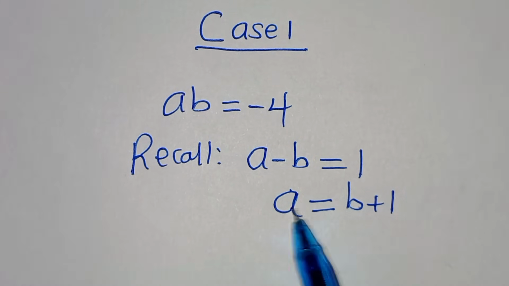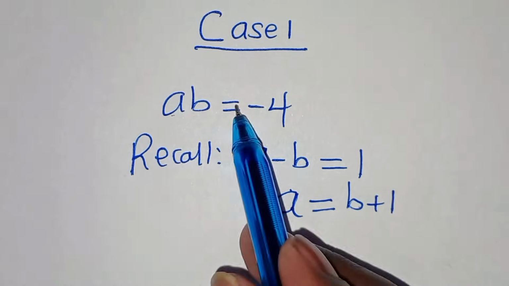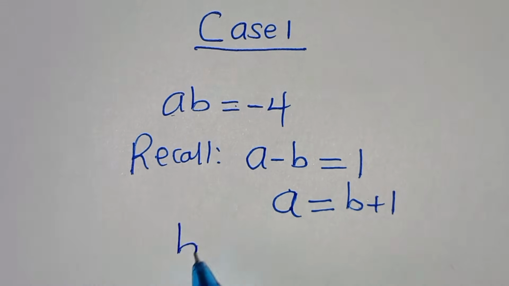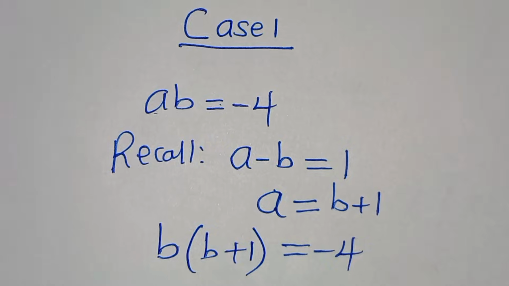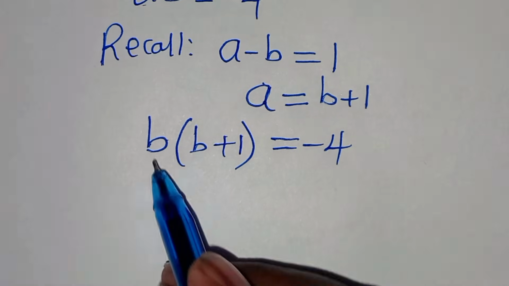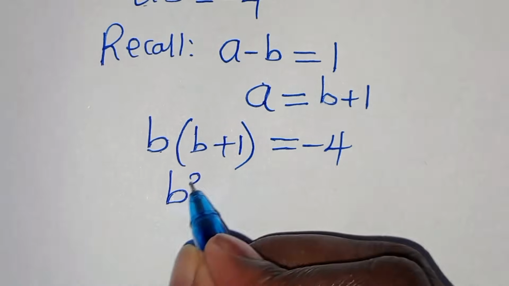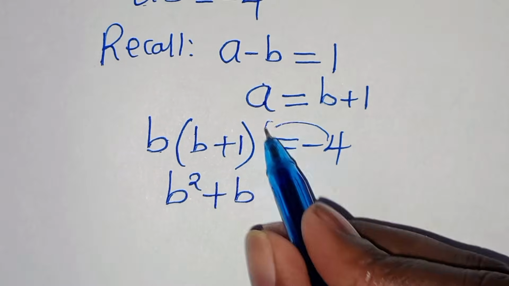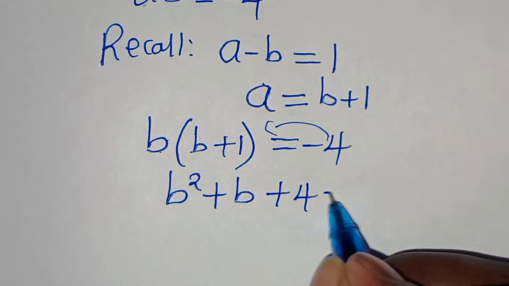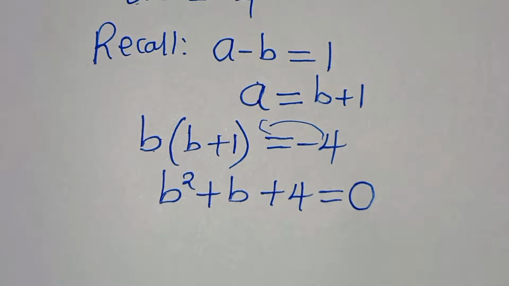Let's substitute a, which is b plus 1, here, so that we have b multiplied by b plus 1 equal to minus 4. So this is b times b, which is b squared, plus b times 1, which is b. Let's take minus 4 to the left-hand side, so this becomes plus 4, equal to 0.